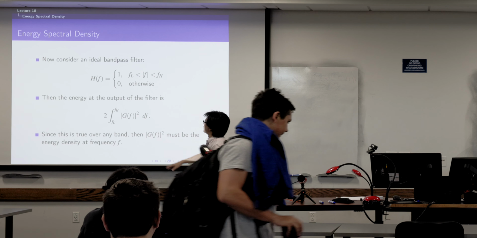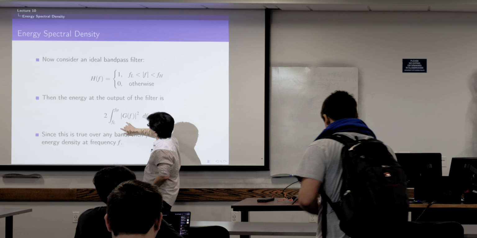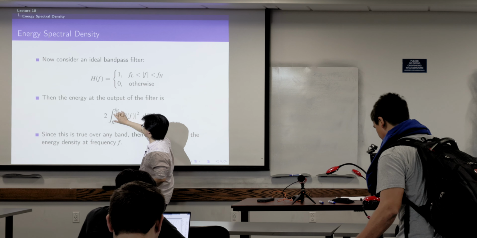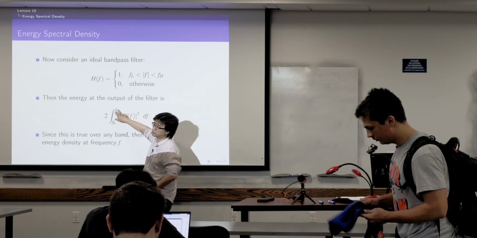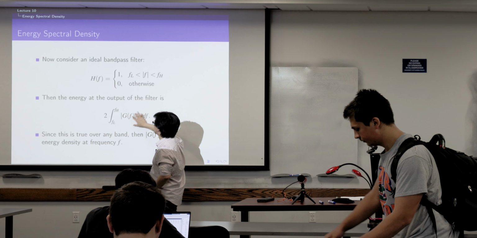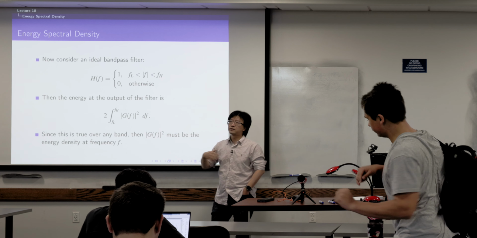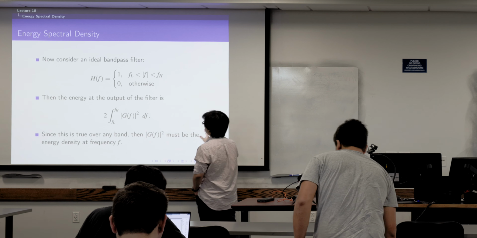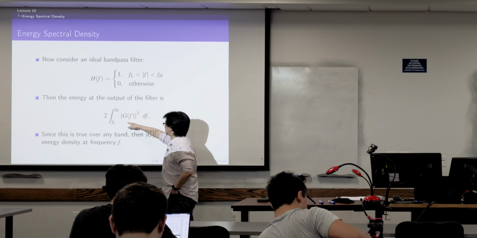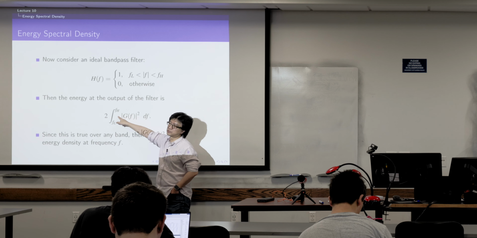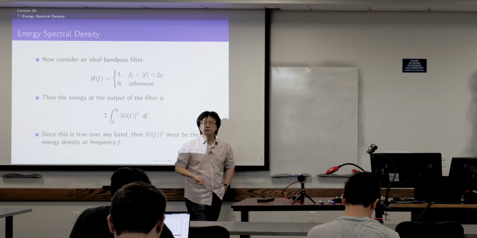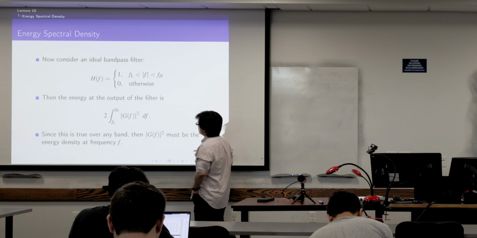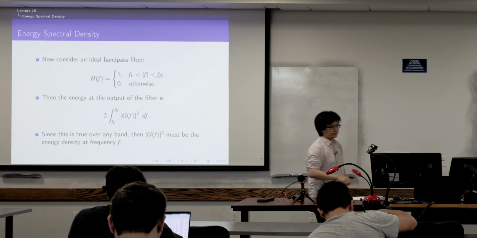And here we can see that we didn't specify which frequency range we're picking. So for any frequency range from F low to F high, this is how we compute the energy. If we can compute the energy in this way, this integrand can be understood as some kind of density, and that's our definition for the energy density.